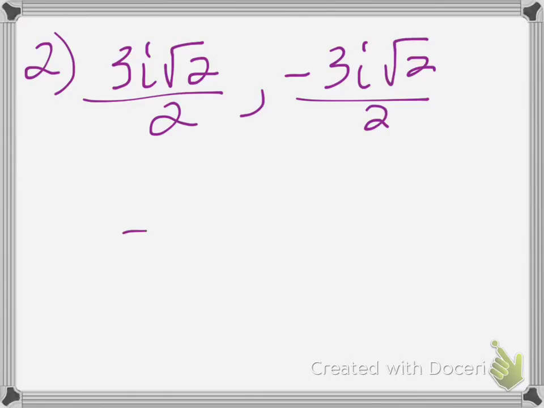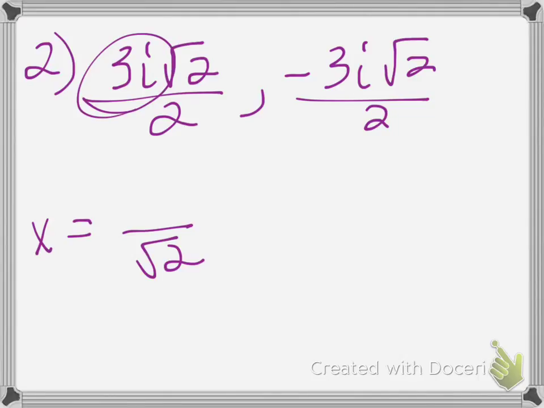So obviously there had to have been a square root of 2 in the denominator, right? So x equals something over square root of 2. Seeing this 3i, I know that 3i squared would give me a 9i squared, which would be a negative 9.